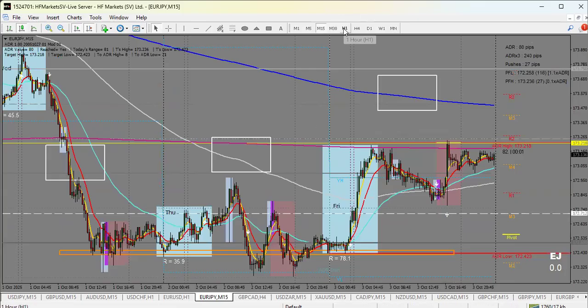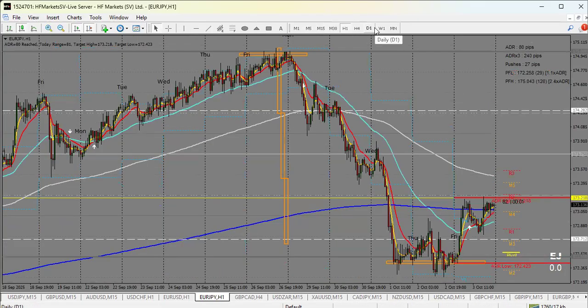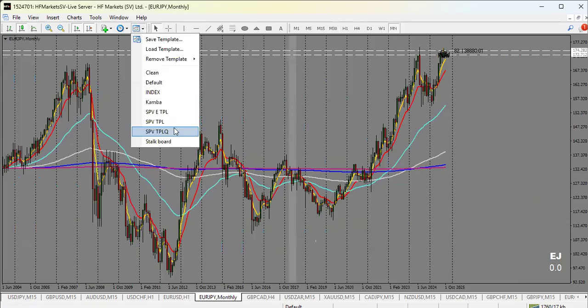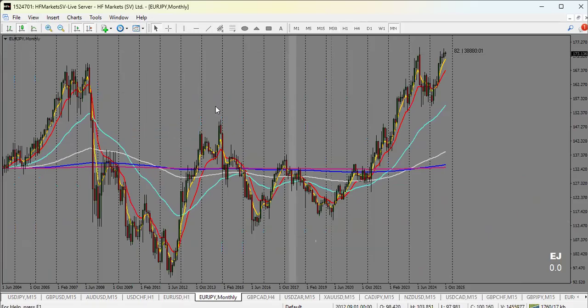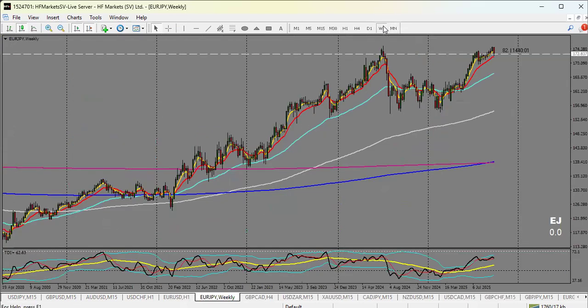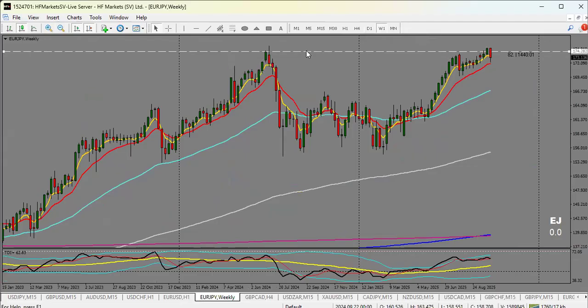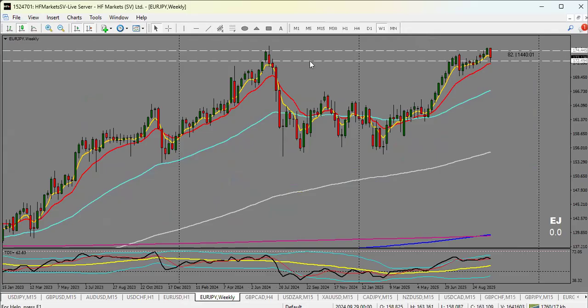For EURJPY, we followed this pair last week, and the Japanese yen has gained strength since the US shutdown because of its characteristic as a safe haven asset. Investors in times of economic uncertainty like this, we expect them to buy these safe haven assets, and therefore the Japanese yen actually gained strength last week.